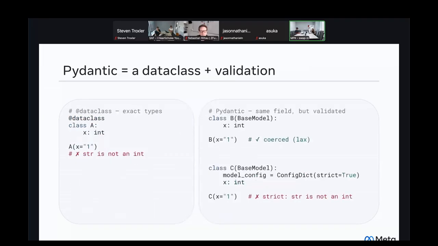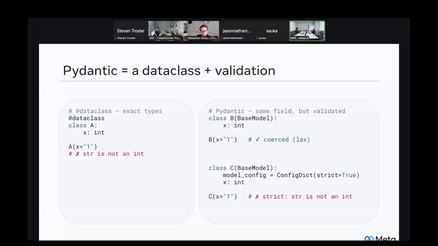Okay, so to give a concrete example, Pydantic: how does it differ from regular data classes? One place where it differs is that Pydantic is not just a data class, it also provides runtime validation. For example, in a normal data class, we have class A with an integer field, and it's calling X with a string.